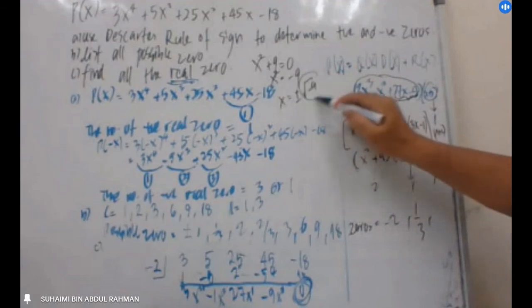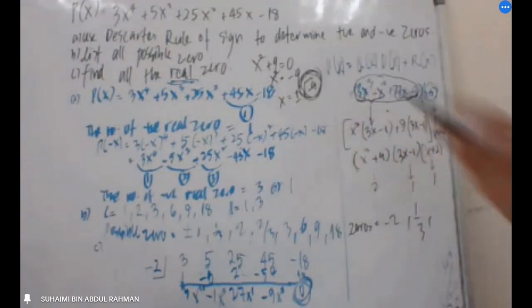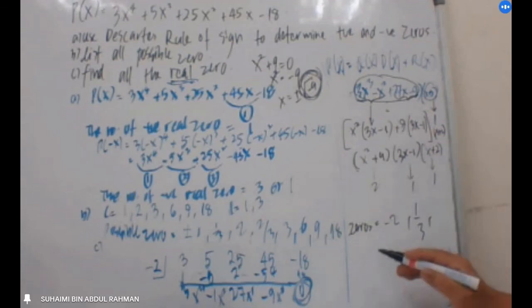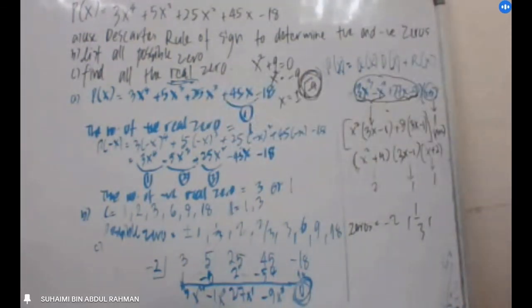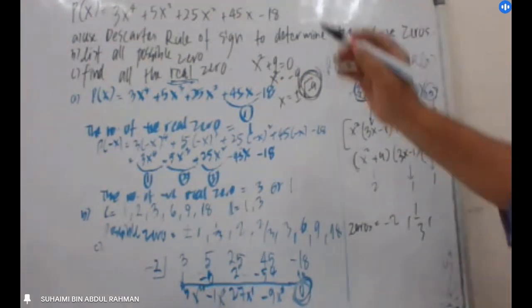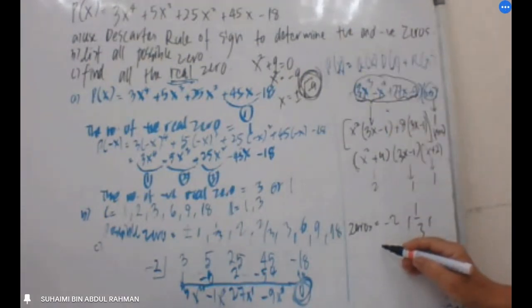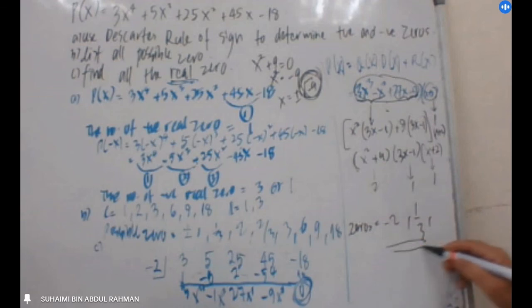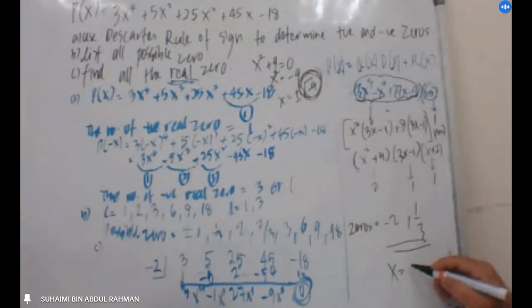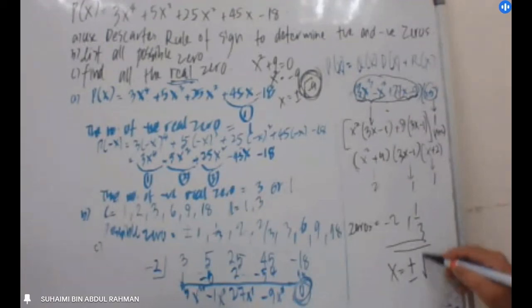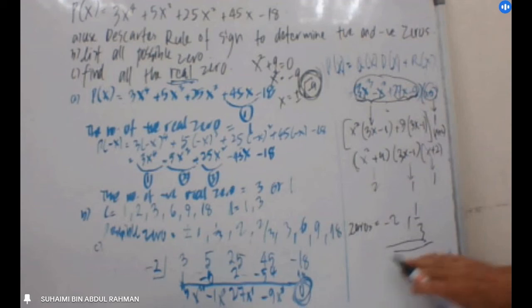So it will lead into a complex number. Therefore, we don't care because what we want is real. Meaning that this polynomial has minus 2 and 1 over 3 only for real. And the other x is either plus or minus square root of minus 9. This is complex that we do not write in the solutions.